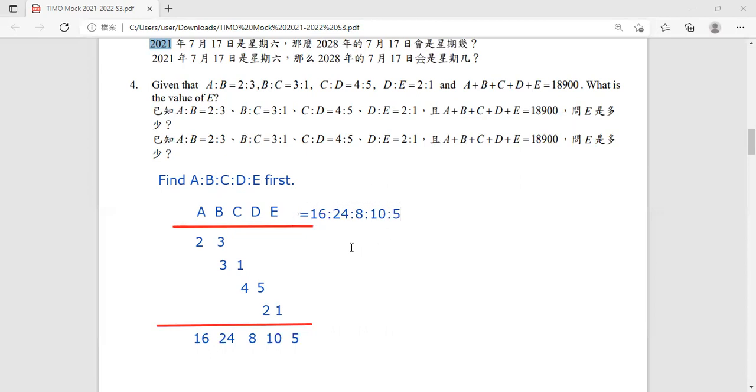Now E will be equal to its part times the sum of the ratio, which is equal to 1,500.